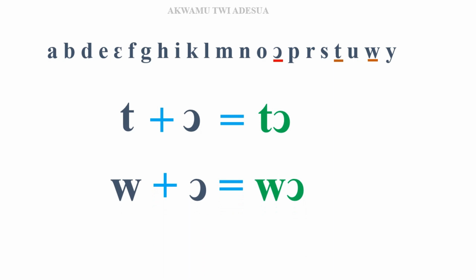T plus O will give us To. W plus O will give us Wo. Y plus O will give us Yo.